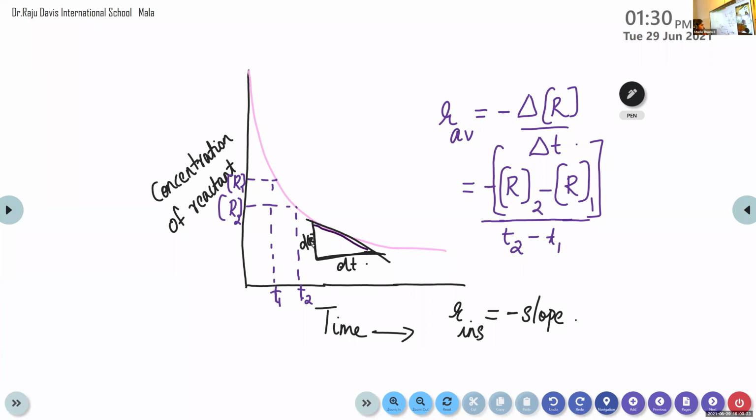Then to find the slope, it becomes minus dR divided by dt. The slope portion, that is R instantaneous.